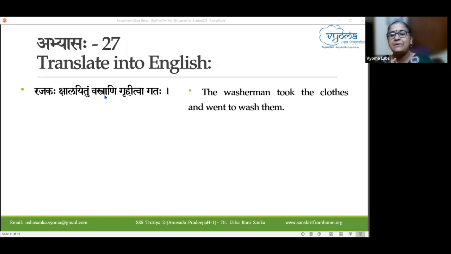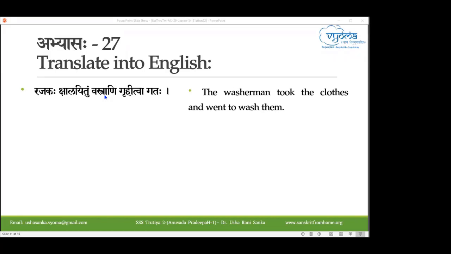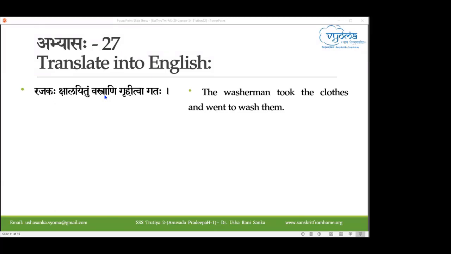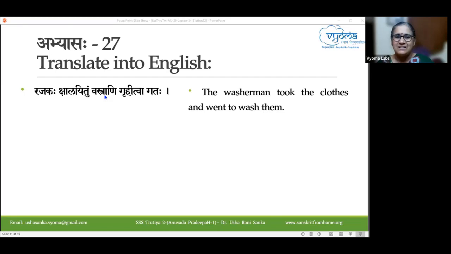Intention of the speaker I am trying to see. Bhagini, maybe it's a question like where the Rajakaha went, so he went to collect the clothes. Such it may be. That is why Kshalayitum is not applying to Gata.